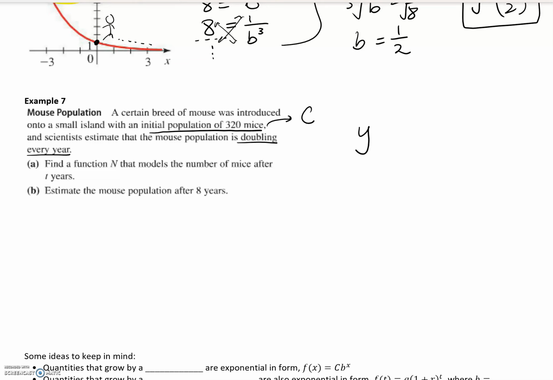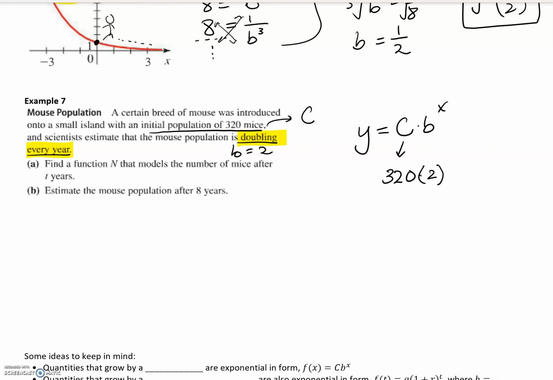All right, well, we got y equals c b to the x, or f of x equals c b to the x. They already told us the initial number of mice, that's 320. And they're doubling. That means if they're doubling every year, their growth factor is 2 because they keep multiplying by 2 each time.